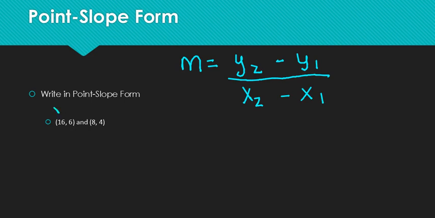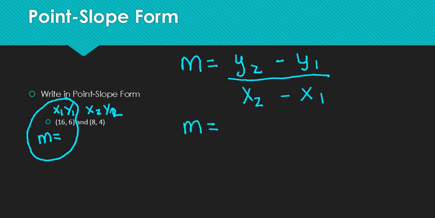So if we label our points x1 and y1, x2 and y2. Once we find our slope, we'll have our slope and a point, so we can use x1, y1, and whatever our slope is to write it in point-slope form. So let's plug in our values real quick.